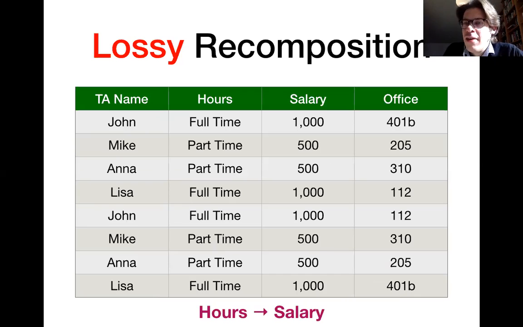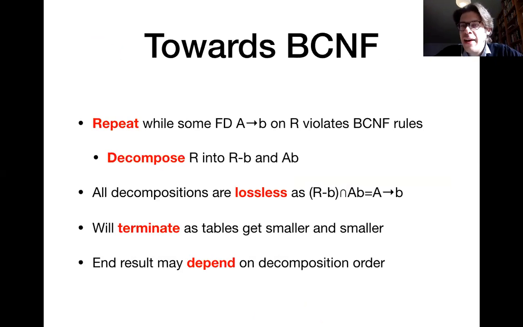So we can use decomposition in order to come to a normal form. This is how we get to the Boyce-Codd normal form. The algorithm is relatively short. Essentially what we do is that we keep decomposing tables until we get to Boyce-Codd normal form.